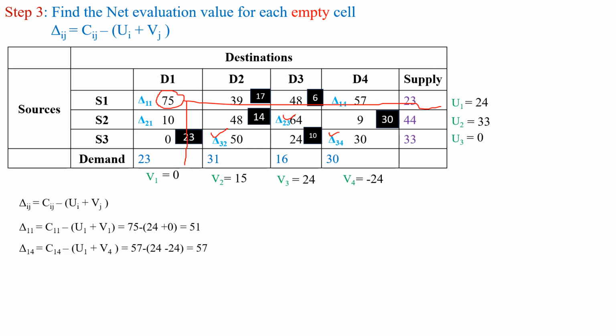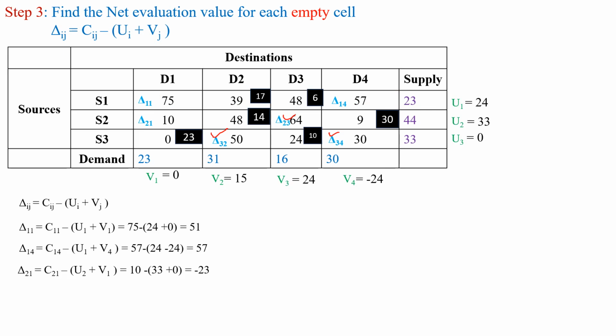So next one is delta 14. So delta 14 is C14 minus of u1 plus v4. C14 value is 57. Then u1 value is 24 and v4 value is minus 24. Then substitute, here we will get the delta 14 value is 57.